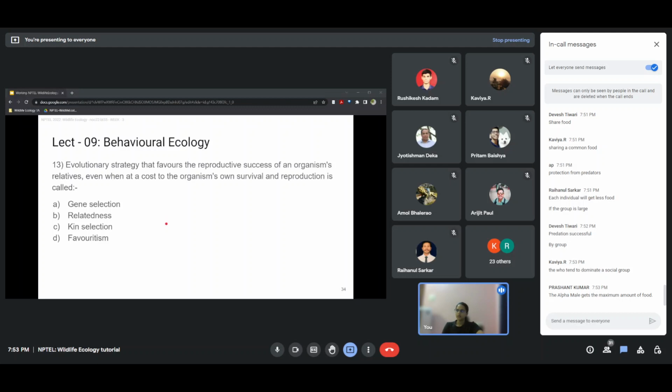Okay, so next question. What is an evolutionary strategy that favors the reproductive success of an organism's relatives, even at the cost of an organism's own survival and reproduction? What is it called? Is it gene selection? Is it relatedness, kin selection, favoritism?